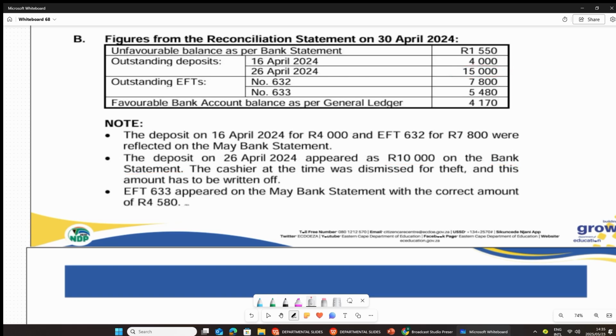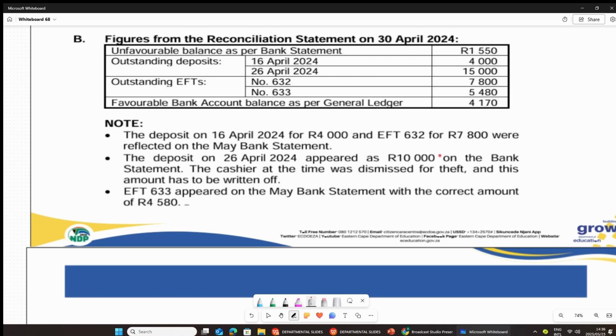The cashier, meaning the person who was in charge of this deposit, at the time was dismissed for theft, and this amount has to be written off. Now, please take note of this, grade 12s. They are not saying that 10,000 rand must be written off. The 10,000 rand was deposited, but it was supposed to be 15. So you will have to get the difference between the 15 and the 10, which will then be 5,000 rand that you will then have to go and write off.